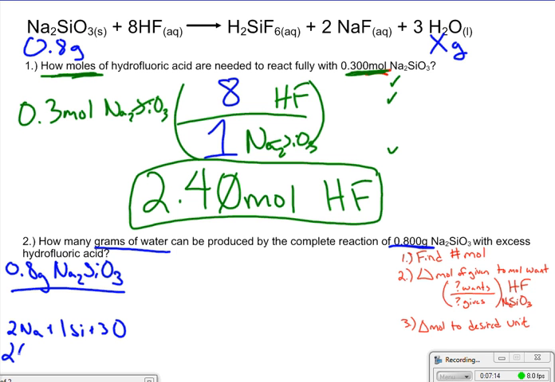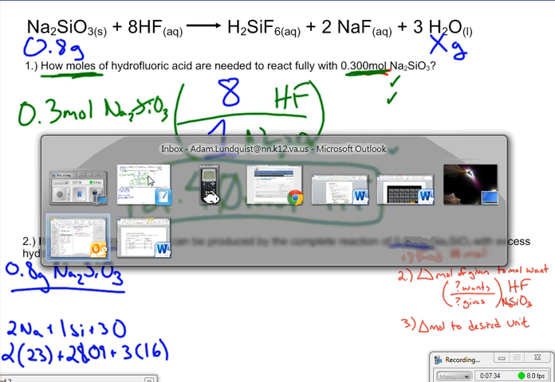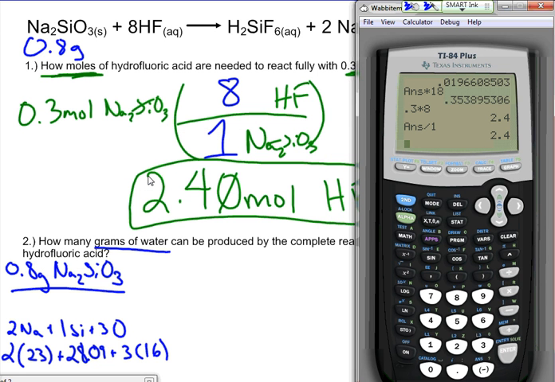So that's 2 times 23 plus 28.09, look at my periodic table because I don't have it off the top of my head, plus 3 times 16. Pull up my calculator again. Two times 23 plus 28.09 plus 3 times 16.